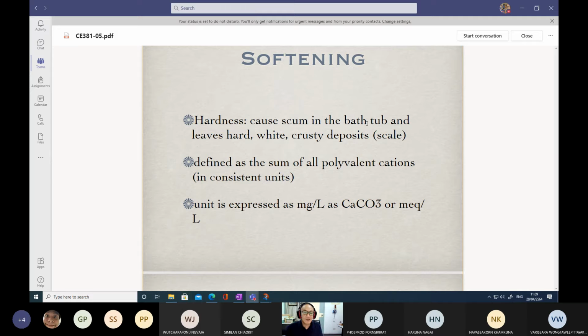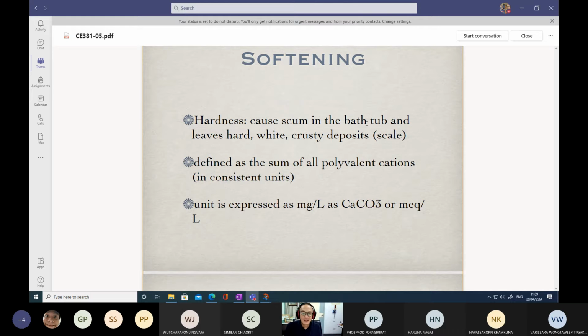What are the problems associated with the hardness in water? The hardness may cause scums in the bathtubs, in a faucet, in a bathroom toilet, and so on.